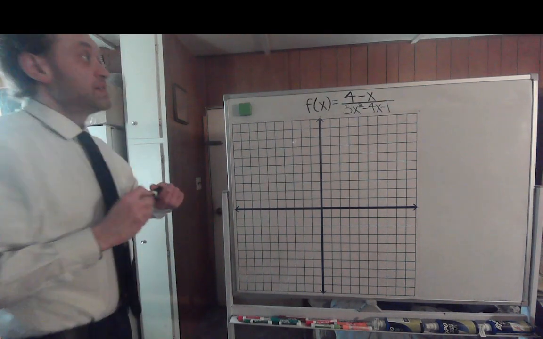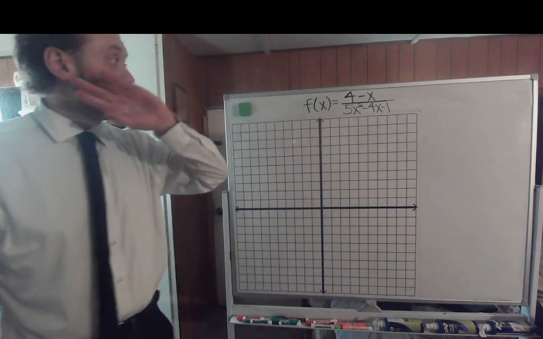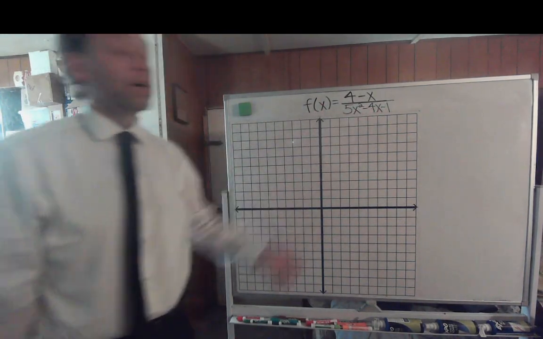So f of x equals 4 minus x all over 5x squared minus 4x minus 1.